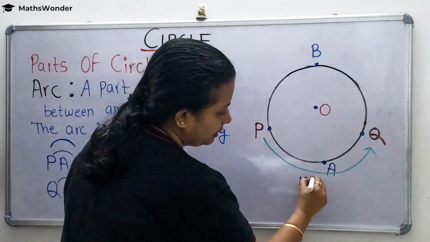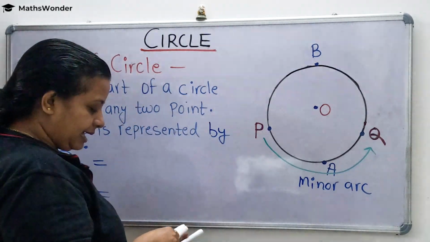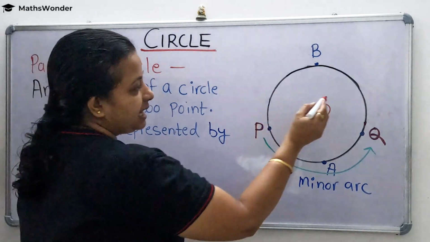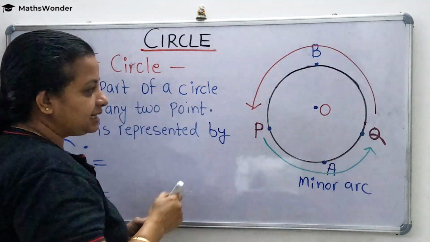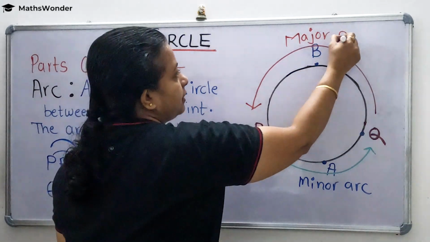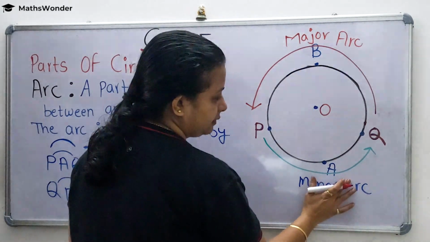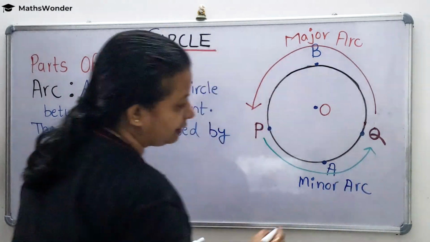This is the minor arc, and this way, from here to here, you can write as the major arc. Minor arc and major arc.